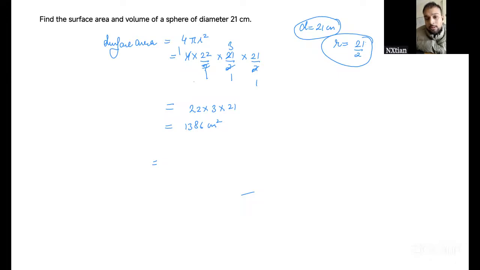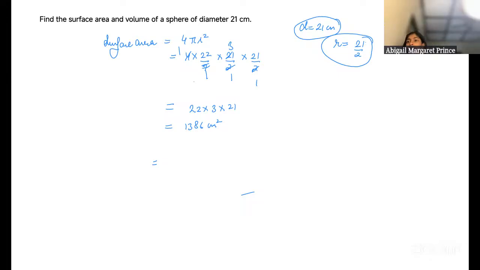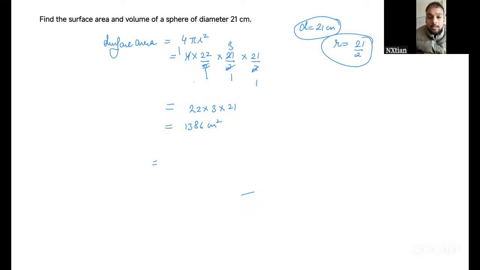Like 22 by 7 is given, and I know that diameter is 21. Instead of converting it into 10.5, making it decimal and complicated, I just write 21 by 2. Understood, Abigail? Yeah, but I make it as fraction.